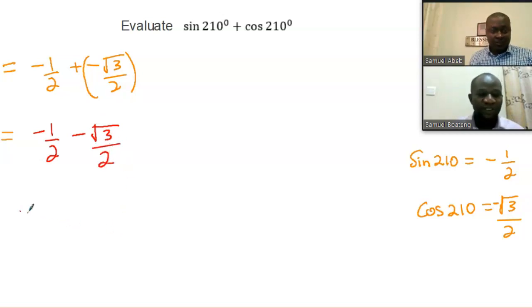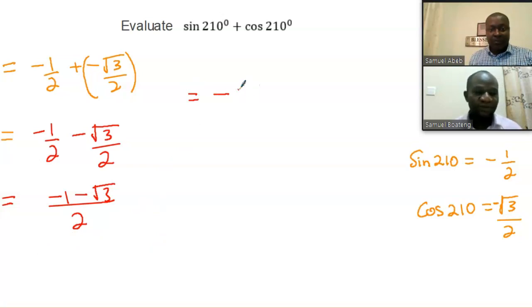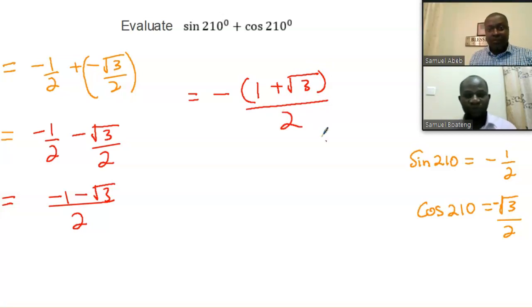Okay, so we can find the LCM. So we have minus 1 minus root 3. So you can pull the negative out. So minus bracket at the numerator 1 plus root 3 over 2. You can write it this way.